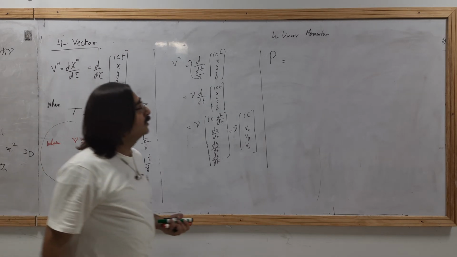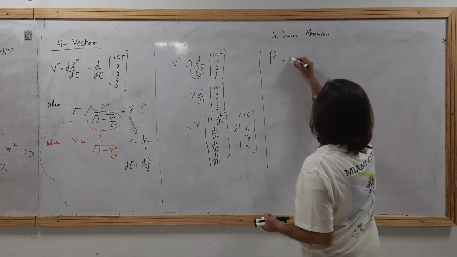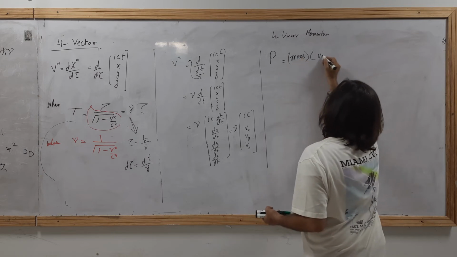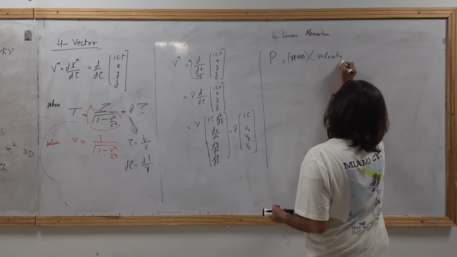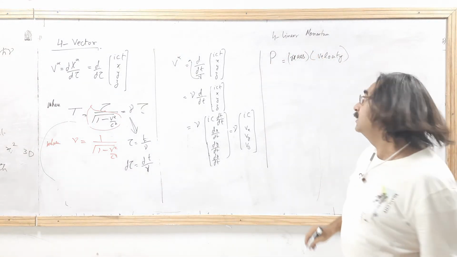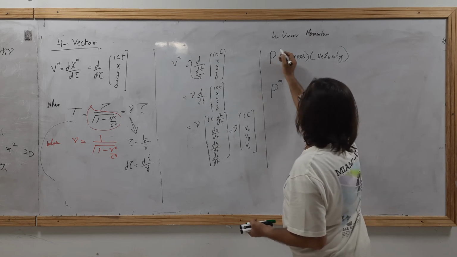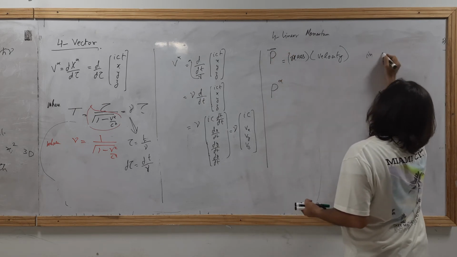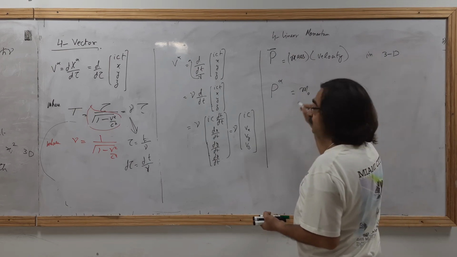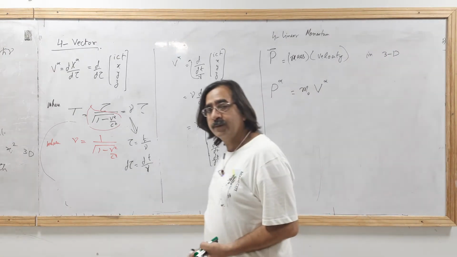Linear momentum is product of mass and velocity. This is in a simple definition in 3 dimension. Okay. But 4 vector क्या होगा? This is p in 3 dimension. Okay. So 4 vector क्या होगा? Mass, rest mass multiplied by v alpha.